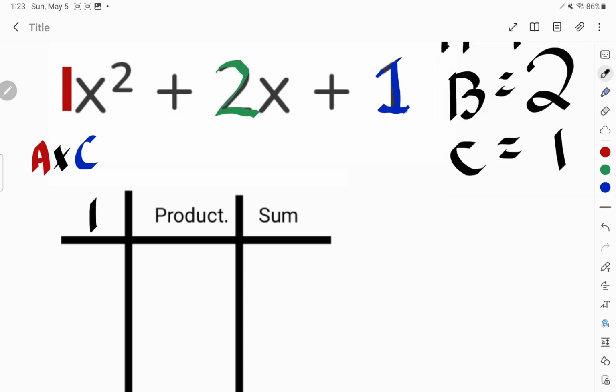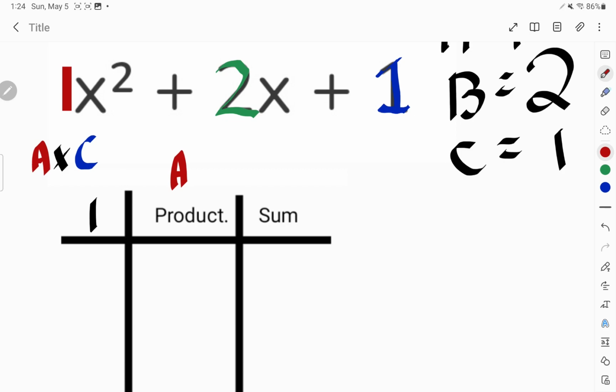Okay, and whenever you factor, there are two specific rules that you need to follow. You need two factors that, if you multiply them, give you A times C, but if you add them you need to get B. So let me go ahead and write them here. So we need two factors, okay? Let's focus on the actual table that we have.